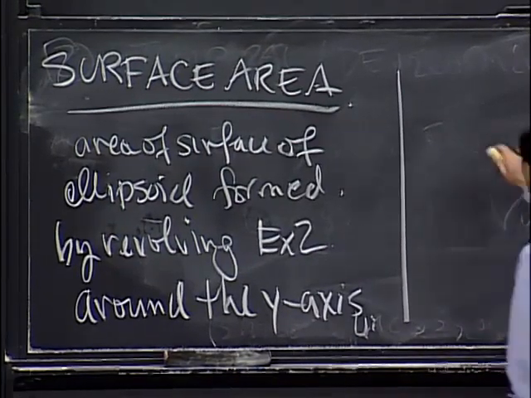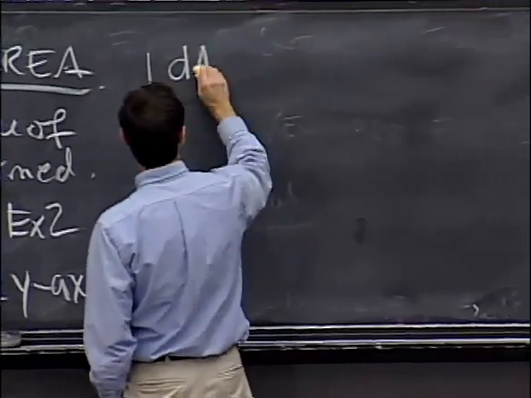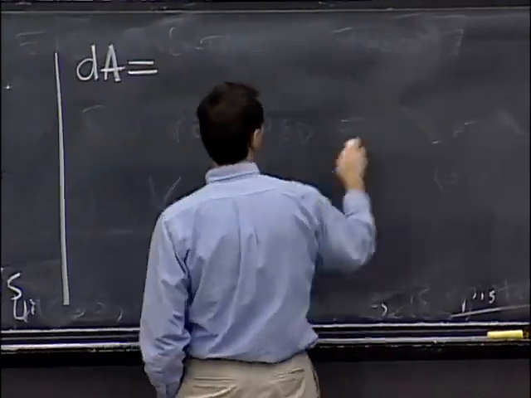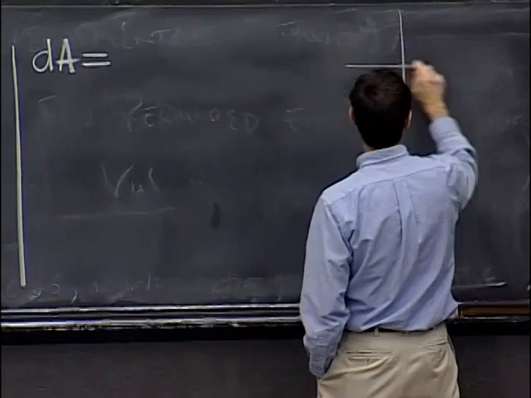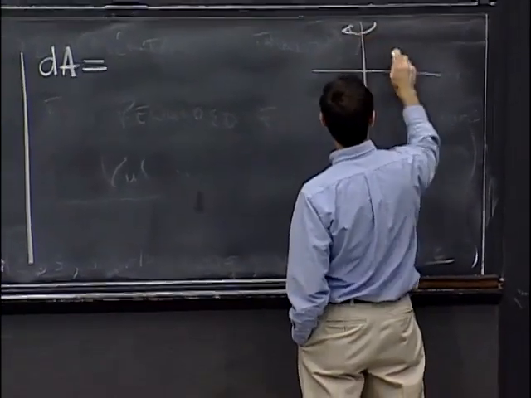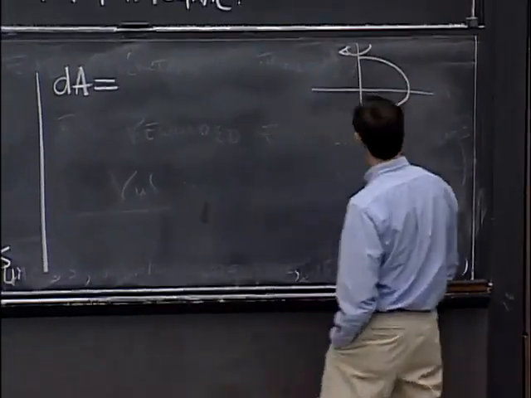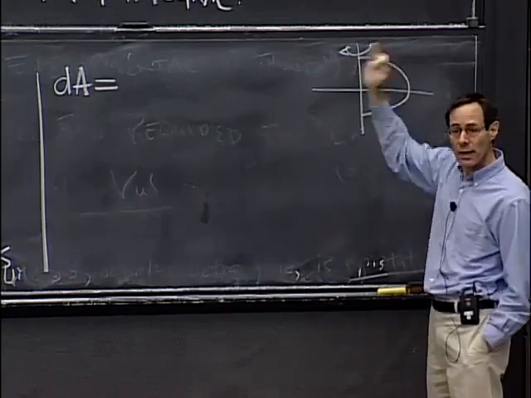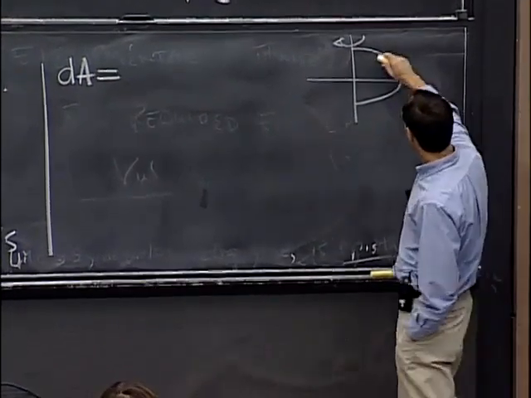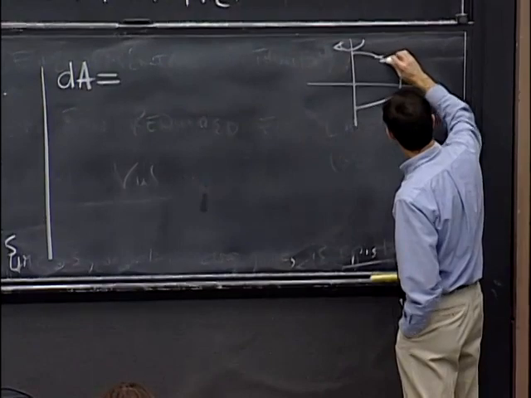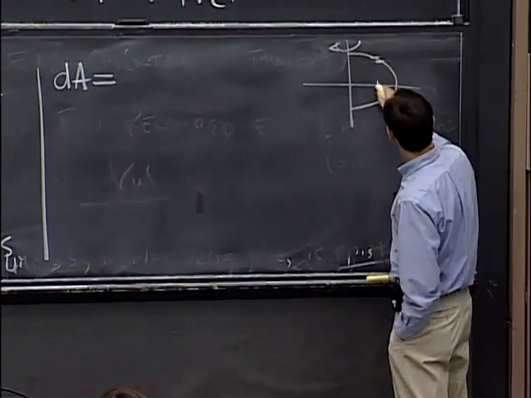Now, I remind you that the area element looks like this. If you're revolving around the y-axis, that means you're going around this way, and you have some curve. In this case, it's this piece of an ellipse. If you sweep it around, you're going to get what's called an ellipsoid. And there's a little chunk here that you're wrapping around.